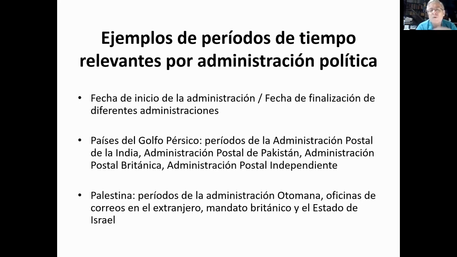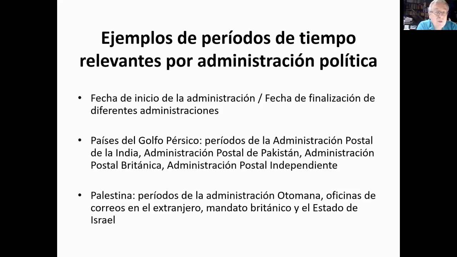Taking two examples, the Arabian Gulf countries, what now Kuwait, Qatar, Dubai, they had a period of Indian postal administration initially. This was followed by a very short period of Pakistan postal administration. The postal administration was then transferred to the British, and then finally to an independent postal administration.